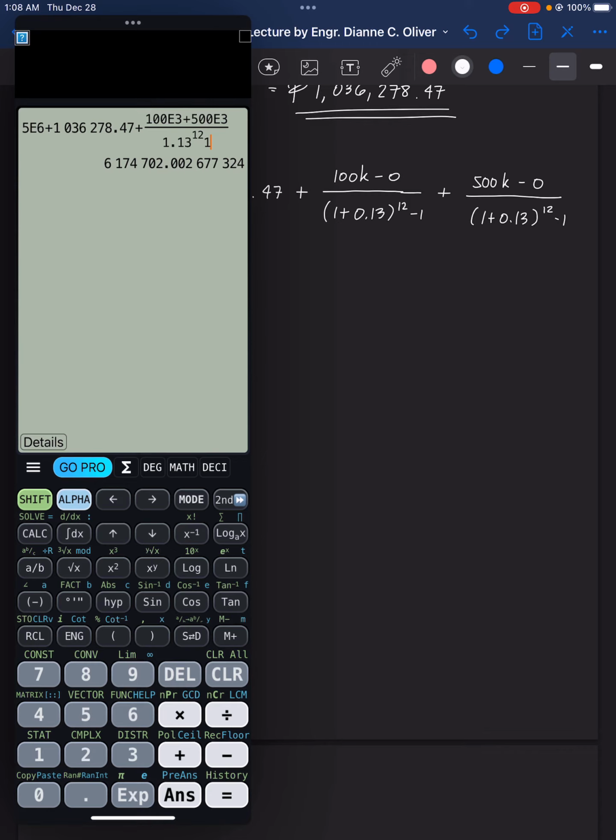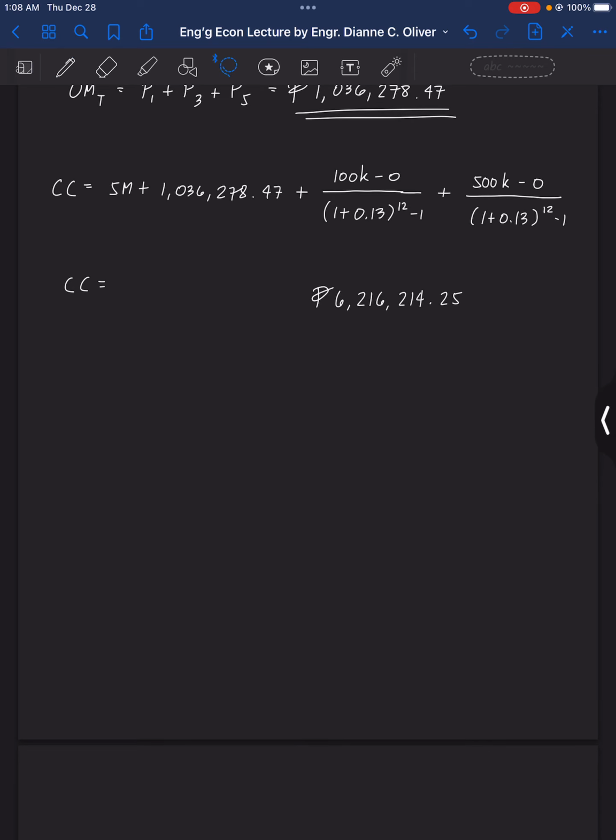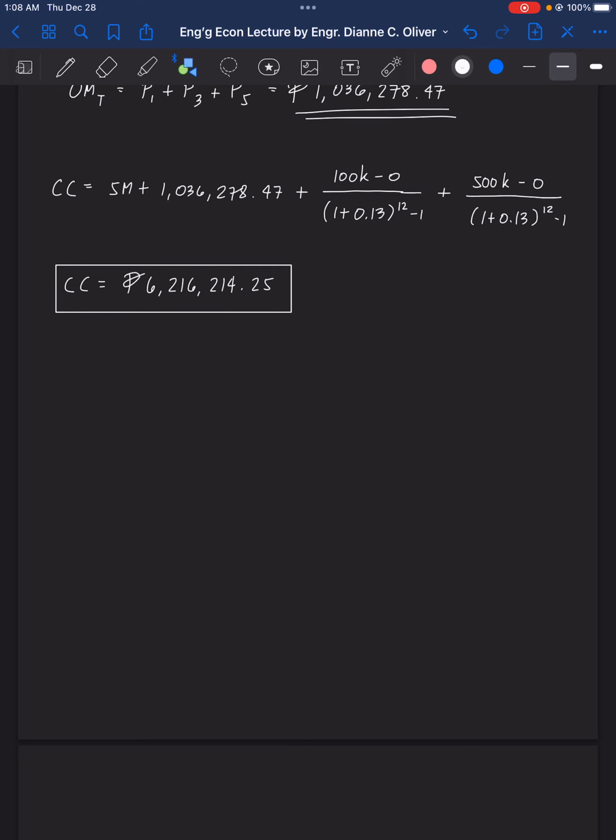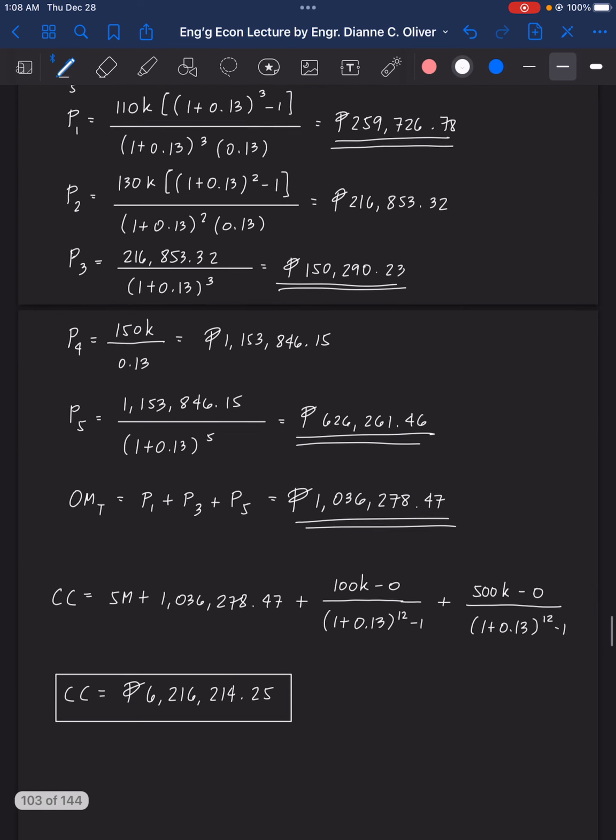So the answer here is 6,216,214.25. So that's the capitalized cost for problem number 1.